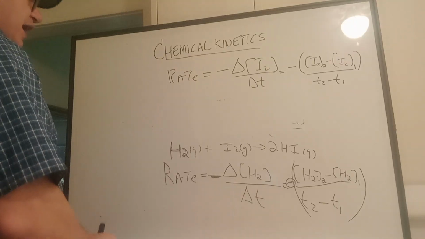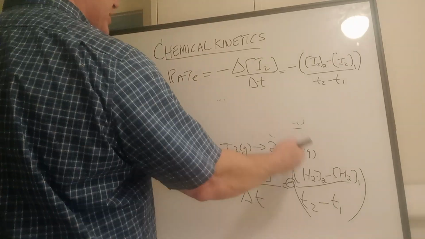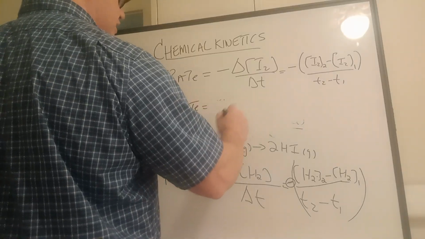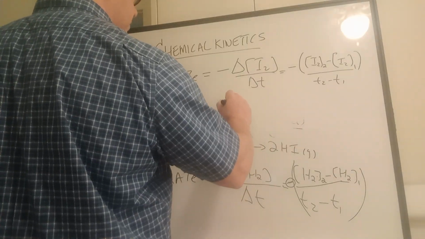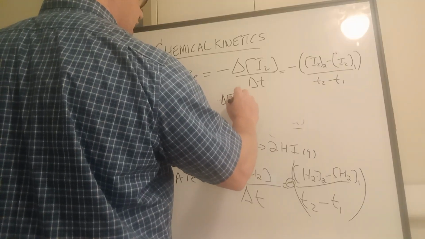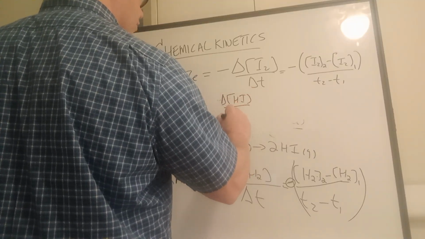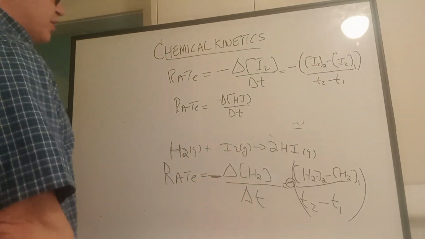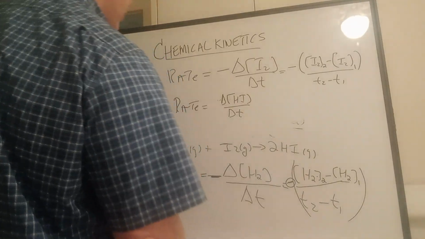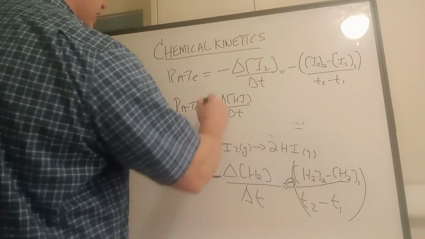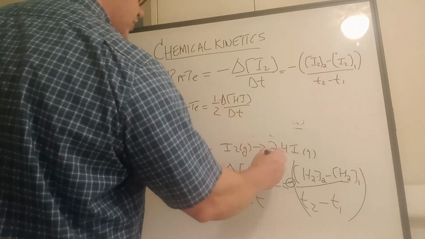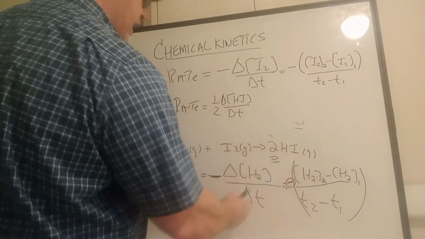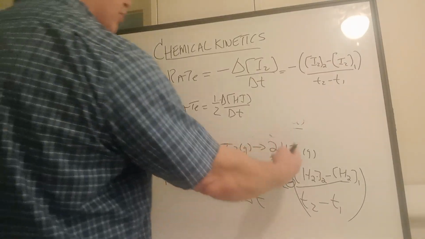For the HI, it's increasing over time. So the rate is going to be equal to the change in HI over the change in T, except we want to have a common number for the rate. We don't have a negative in this case, but we divide by 1/2 to adjust for the fact that every time you lose one I2, you form 2HI.